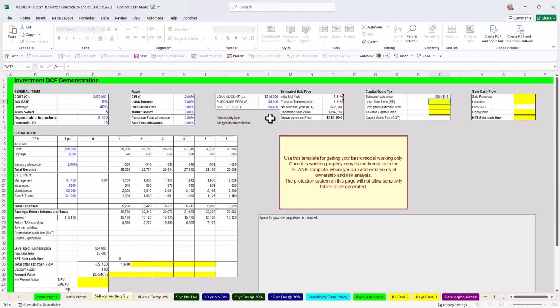I can adopt the sales fees into there, and that means that overall the property now is actually going to net me about $305,000.